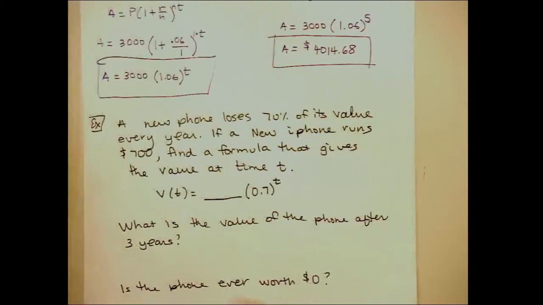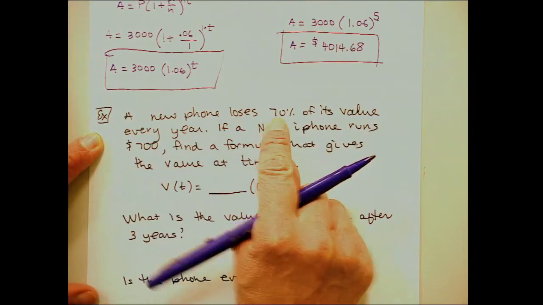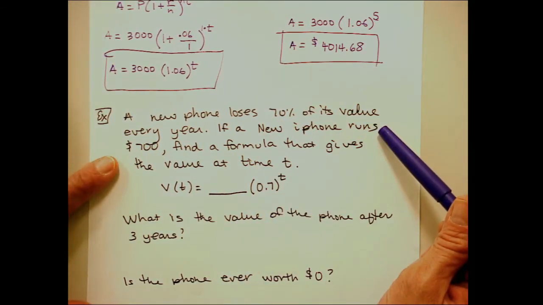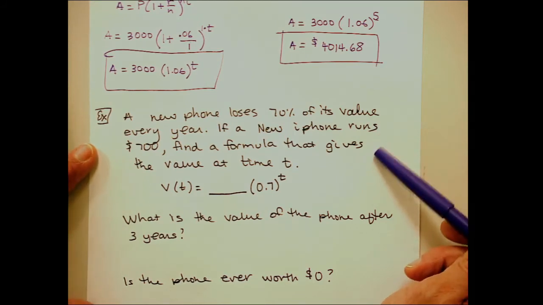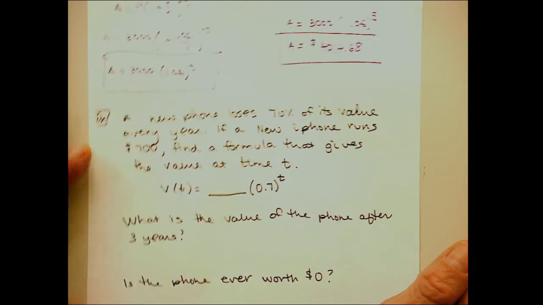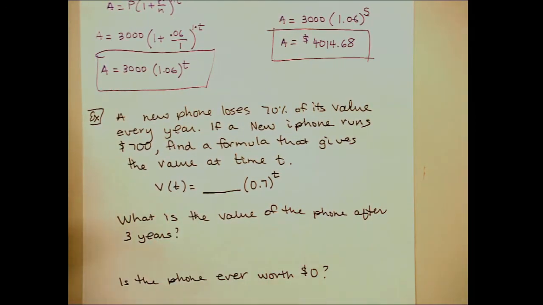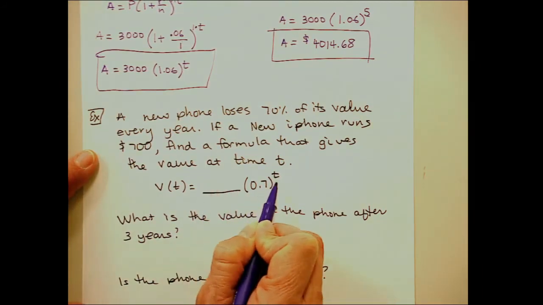Okay, so here's the last example. A new phone loses 70% of its value every year. If a new iPhone runs $700, that's about right, find a formula that gives the value at time t. So V of t equals, I need something to go in here, times 0.7 to the t.